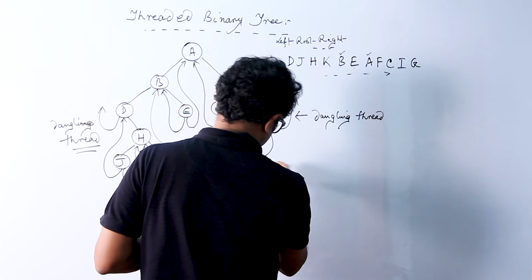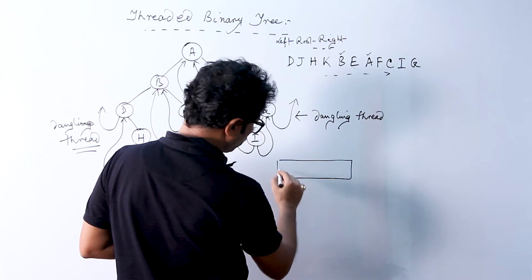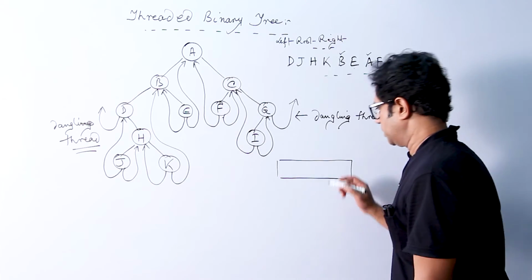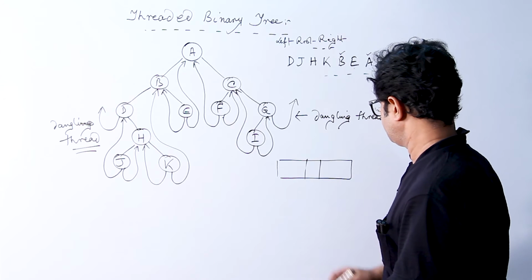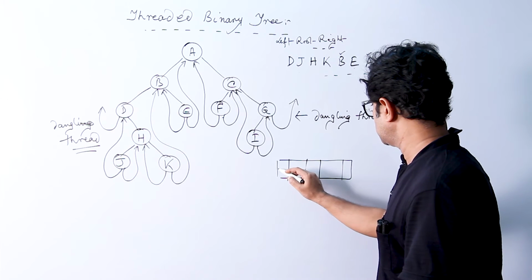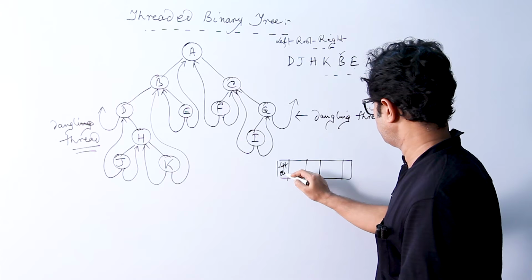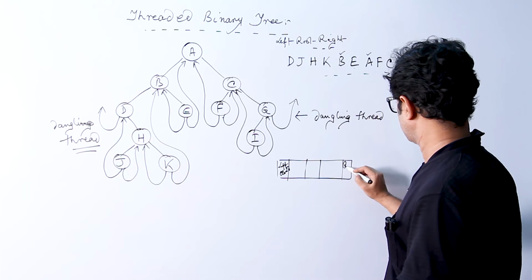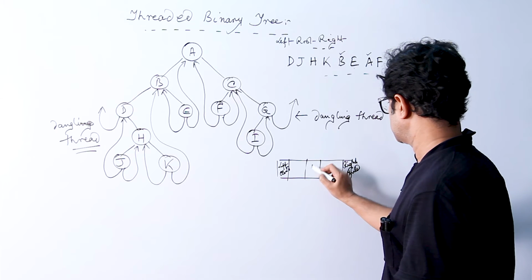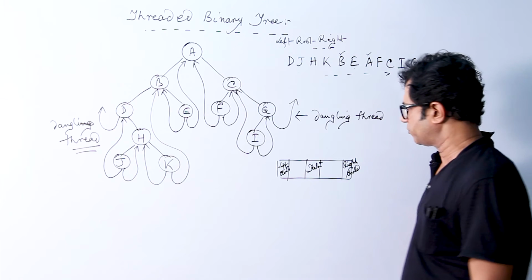So first, let me write what is to be contained in the node of the threaded binary tree. So there will be a data part, there will be two address parts. This is the left child, this is the right child, pointed to the right child. This is the data part. It can be an integer data, char data, float data, any type of data.